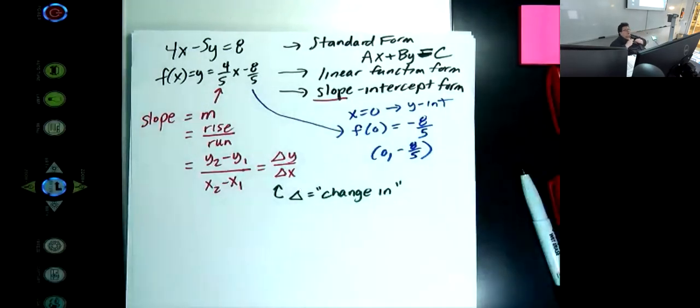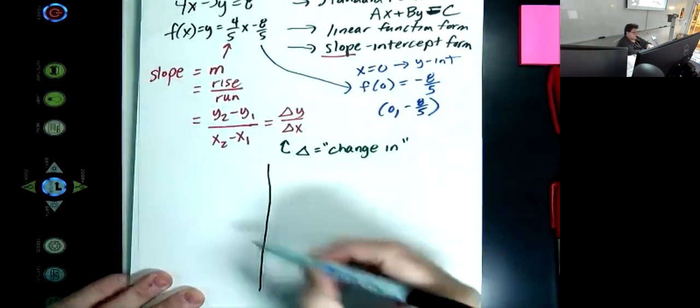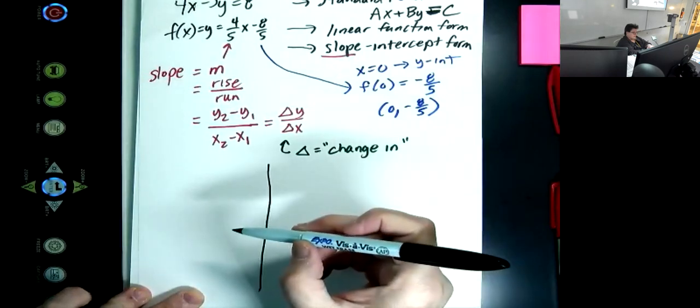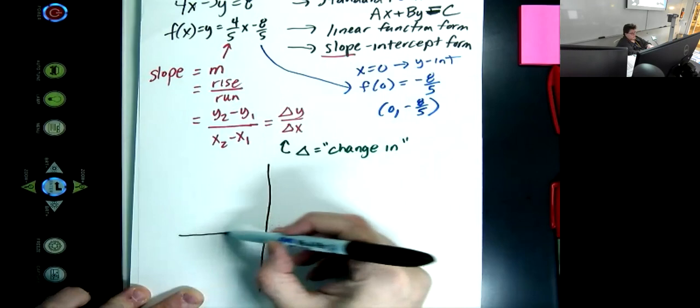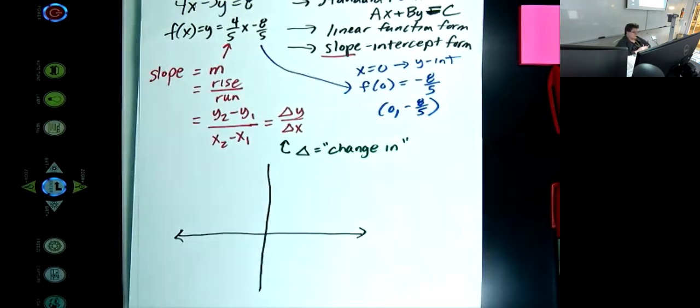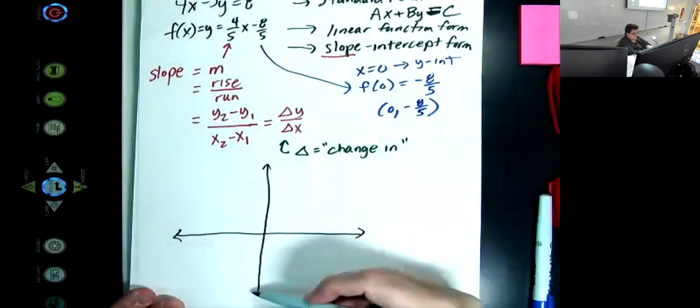There's no math involved. I don't want to do it with that one because -8/5 is going to be difficult to use. 4/5 isn't so bad, but -8/5 is. Let's choose a different function to show how we can use this for graphing.